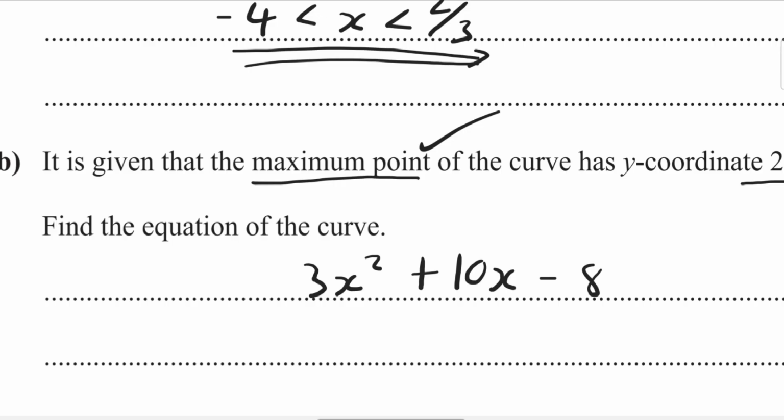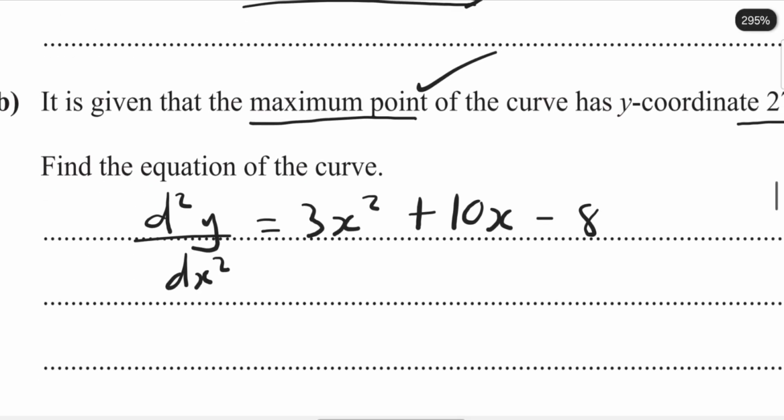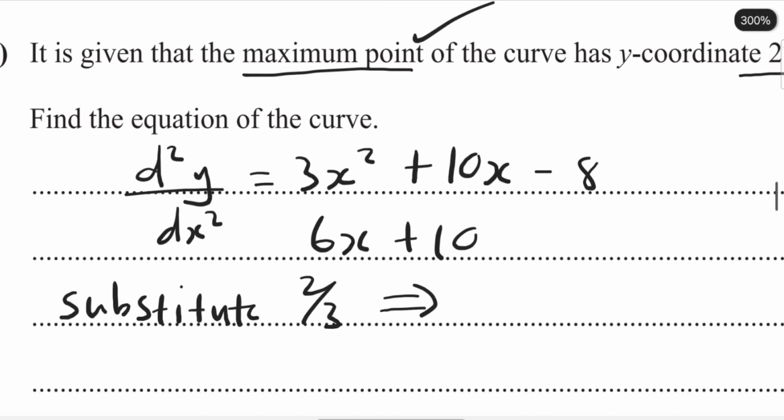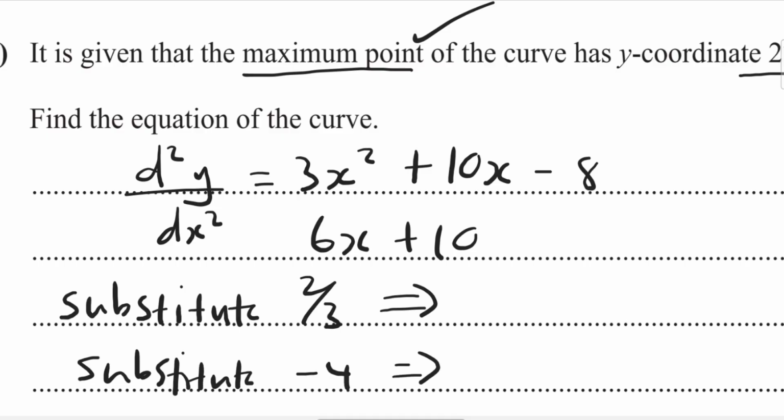So for us to find the second derivative, it's going to be 6x plus 10, right? And we're going to substitute 2/3 first, then we're also going to substitute minus 4 to see which one of these points is maximum.